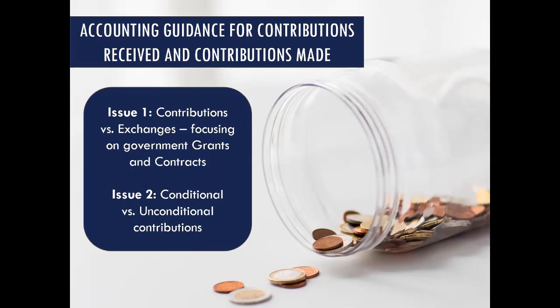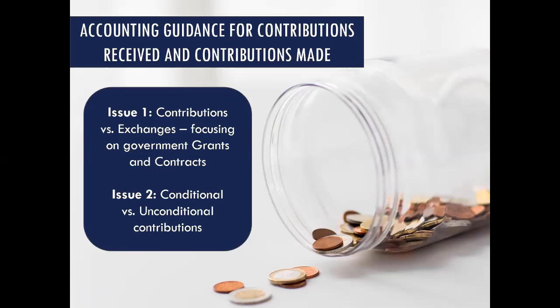And boiling that down, we'll break this issue down further, as well as issue number 2, which is, is it a conditional or is it an unconditional contribution? Currently, there's a little bit of gray area, especially if you have a conditional contribution, as far as probability of when you're going to meet that condition, determining when you're going to recognize that revenue.